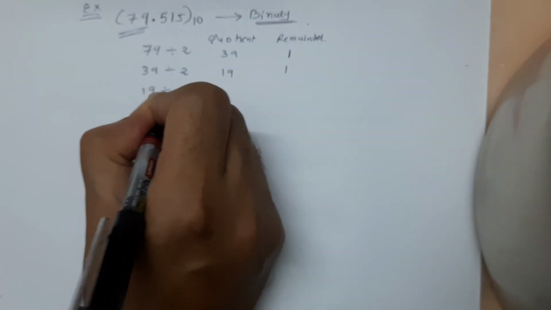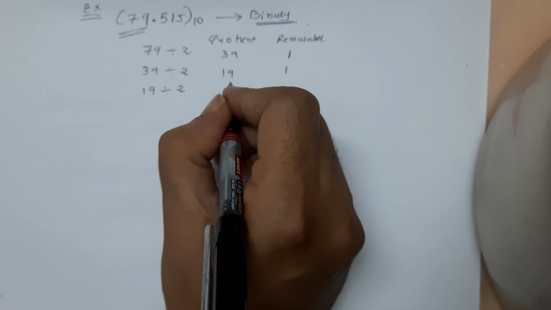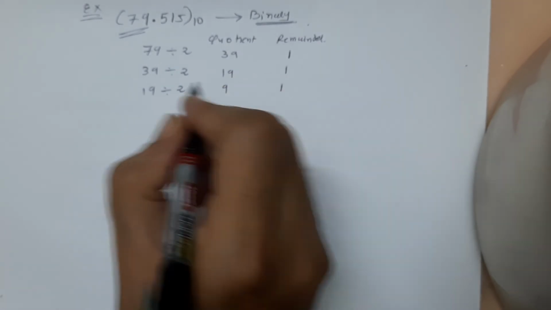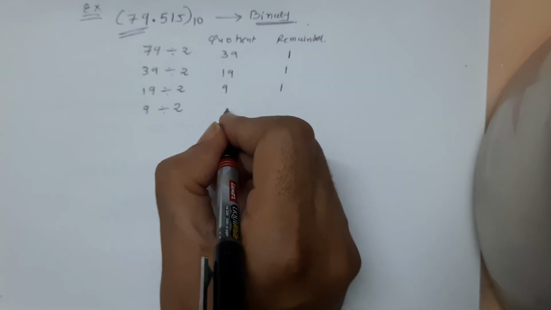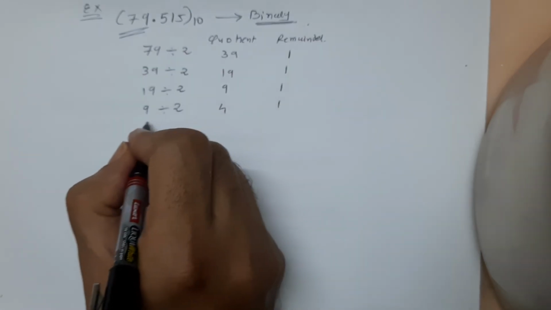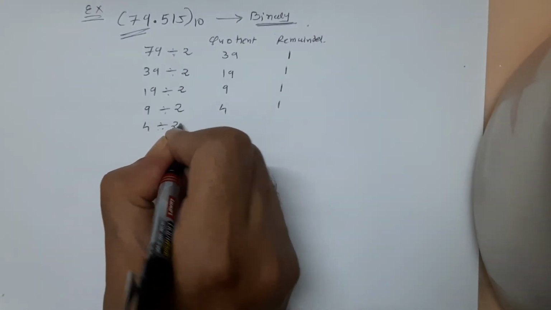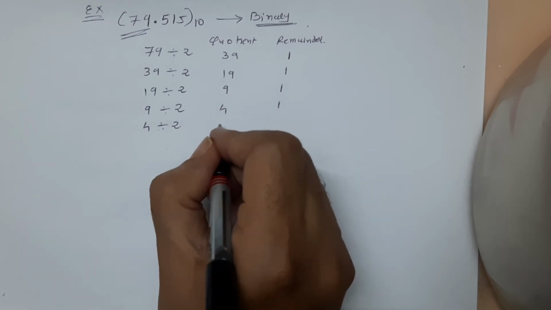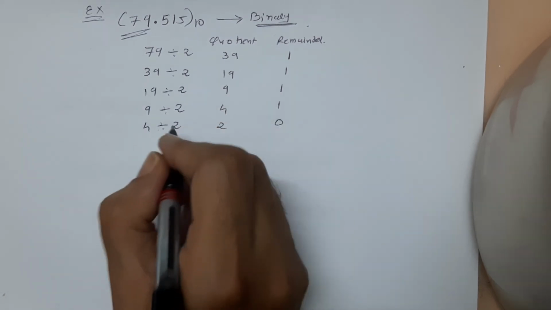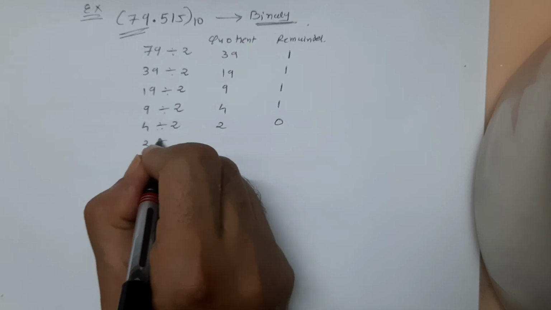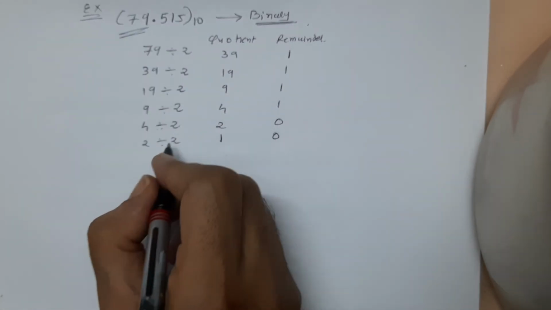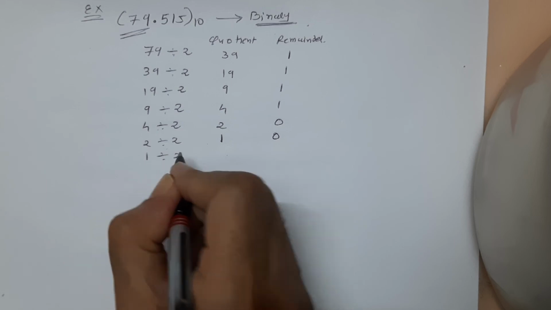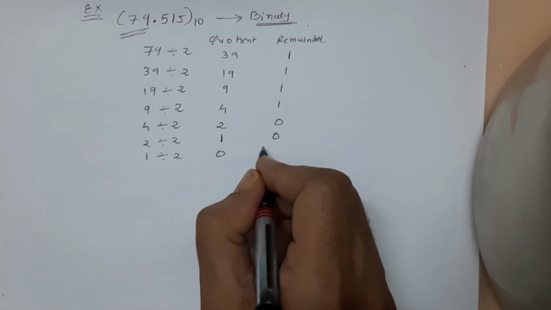This 19 divided by 2, 9 and 1. This 9 divided by 2, 4 and 1. This 4 divided by 2, 2 and 0. This 2 divided by 2, 1 and 0. This 1 divided by 2, 0 and 1.